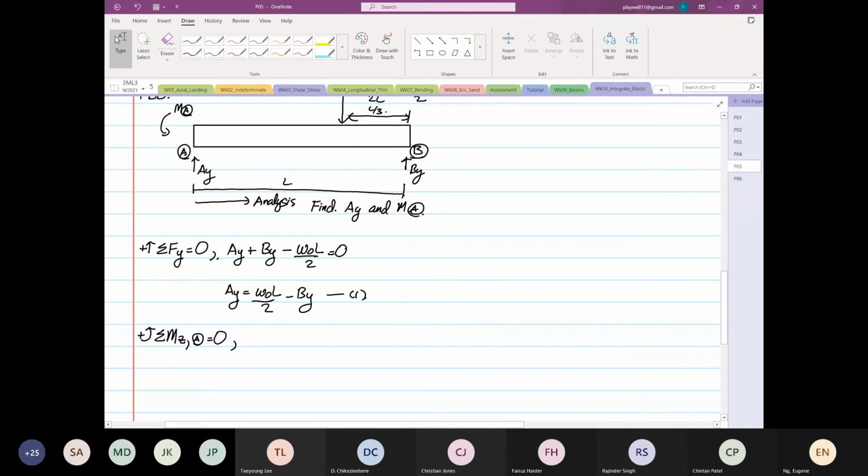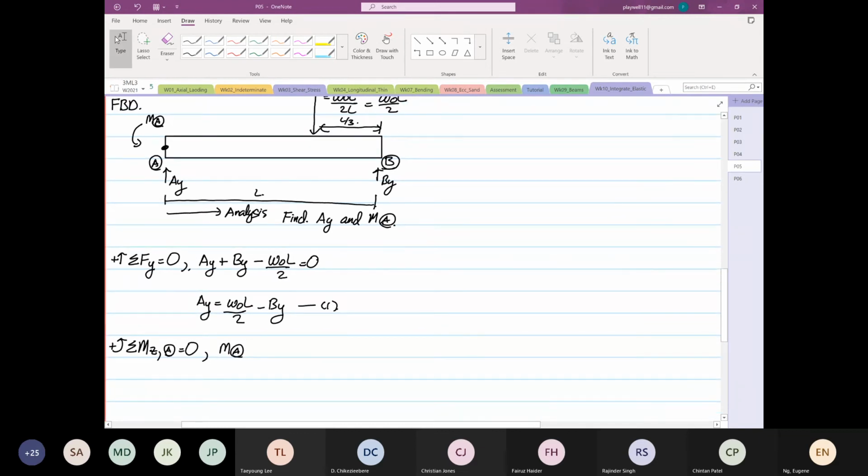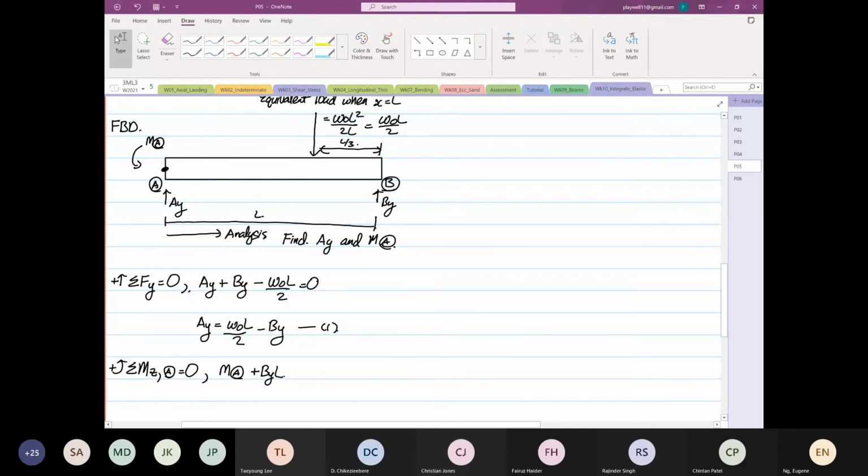When we take moment at point A, you have MA, which is positive, right? Then minus, still positive BY, BYL is going anti-clockwise. And the equivalent load of the gradient load is going clockwise.